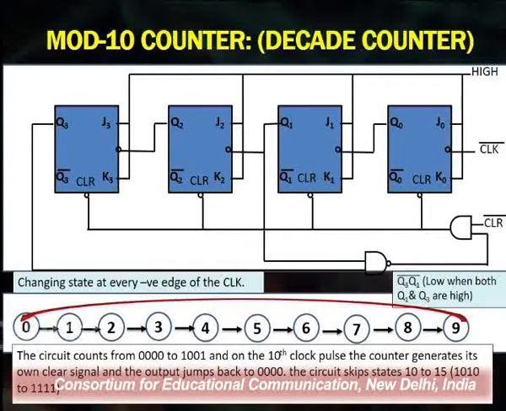In this, we have the high signal. Till the time we have the high signal at 0, the circuit will behave as a memory element and will not be counting. The moment high goes high, then J and K values are 1, 1, and this circuit is now ready to count.